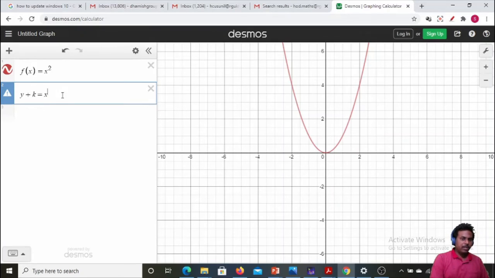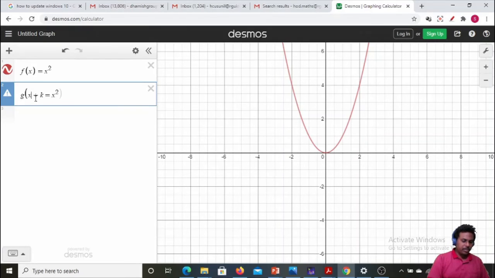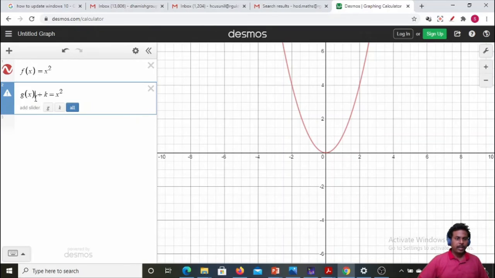Y plus k is equal to x square. Right. Let me give my input as g of x. Right, so g of x I am giving as an input. Now I'll take the slider as k actually.